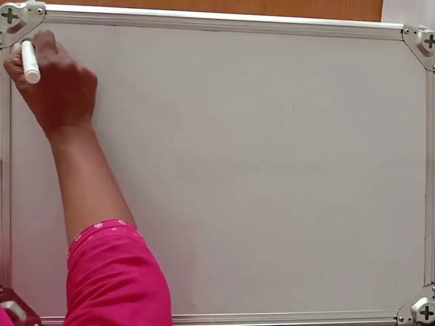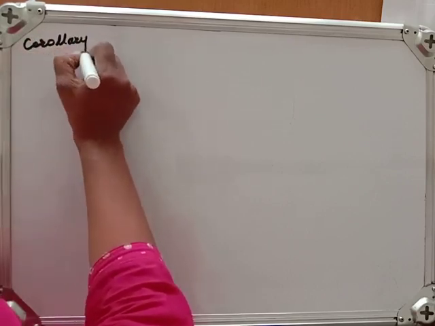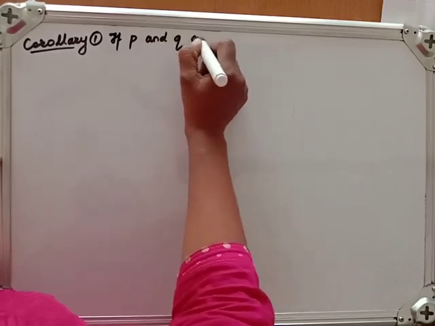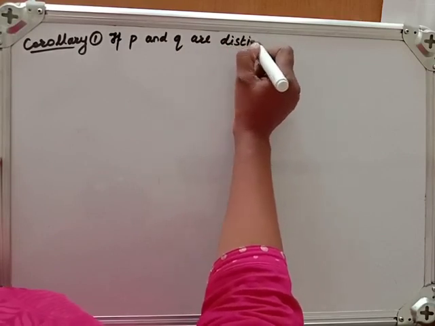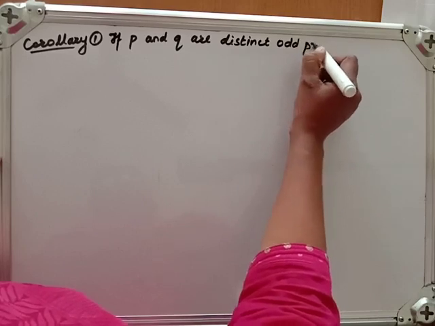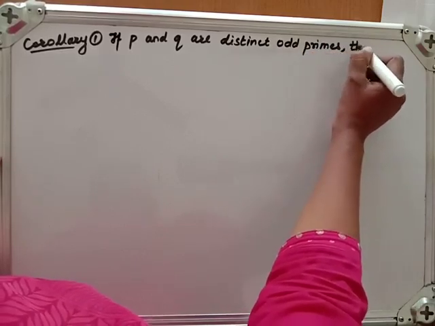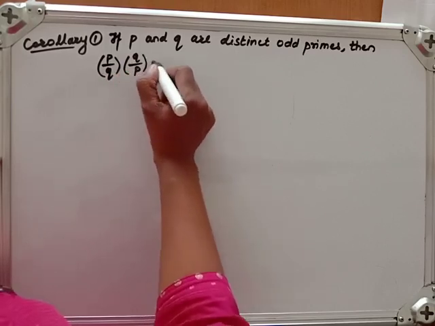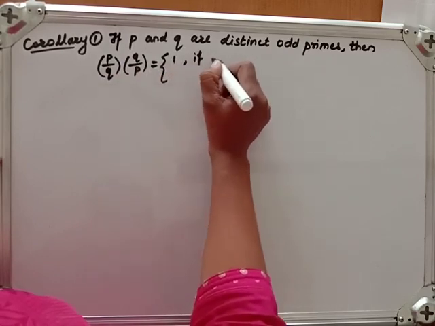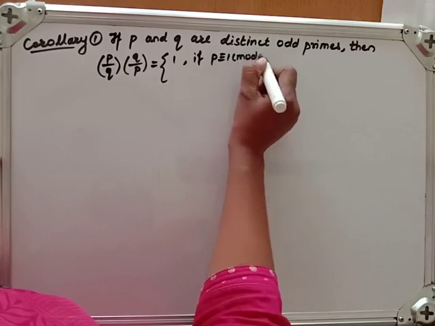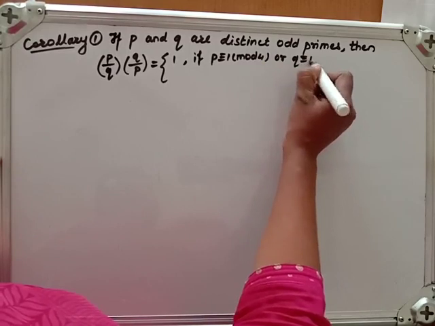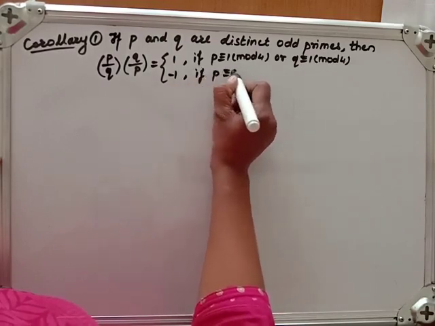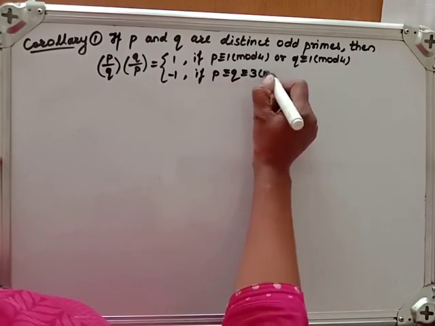Corollary 1 says: if P and Q are distinct odd primes, then the Legendre symbol of P by Q times the Legendre symbol of Q by P is equal to 1 if P is congruent to 1 modulo 4 or Q is congruent to 1 modulo 4, and it is minus 1 if P and Q are both congruent to 3 modulo 4.